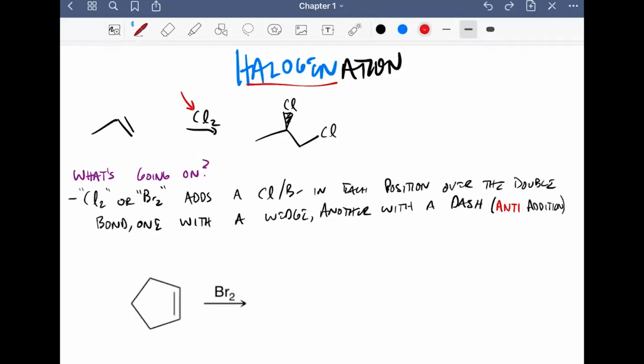So this is called anti-addition. And why, you might ask, I didn't add a dash for this one is because you only write wedges and dashes when you're dealing with chiral centers. So it wasn't really appropriate to show a wedge for that one, but it is important to know that this would be anti-addition if that second chlorine was on a chiral center.